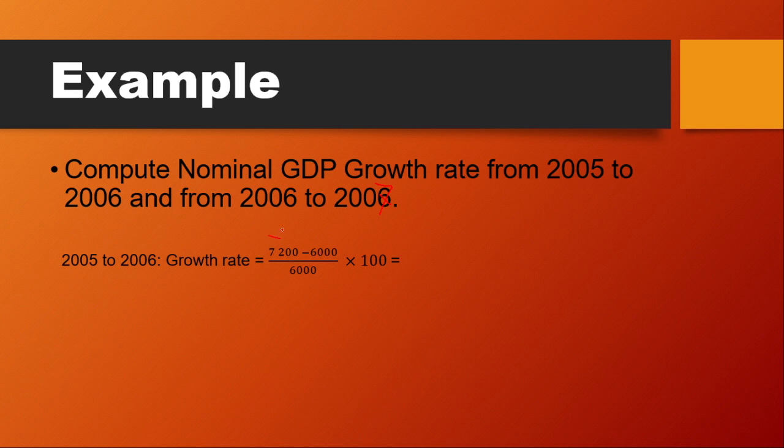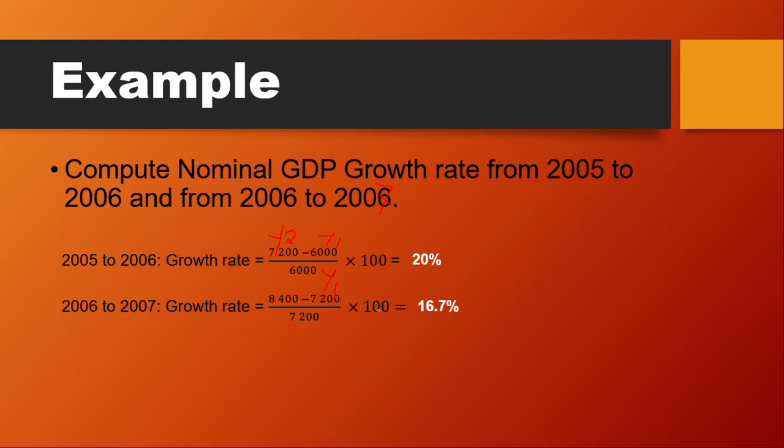So this is your year 2, and this is your year 1. That's why the formula says year 2 minus year 1 divided by year 1, and that will give us about 36.7%. You move on to the next and do the same: 10,800 minus 8,200 over 8,200, multiply by 100, and you get your percentage. This is what we call the growth rate, which is an increase in GDP.